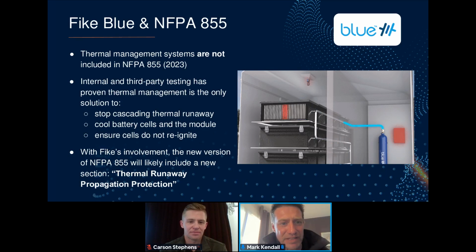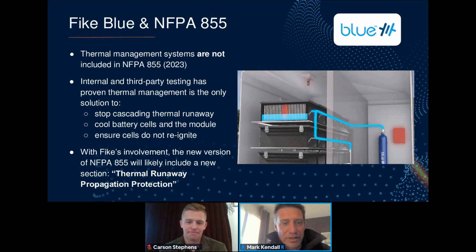Internal and third-party testing has proven that thermal management is really the only way to stop cascading thermal runaway, and that you need to cool the battery cells and the module to ensure that you can manage the event, and more importantly, that the cells don't reignite in the future as well, which can happen with some methods that are being employed at the moment.